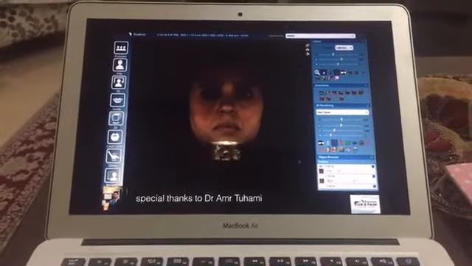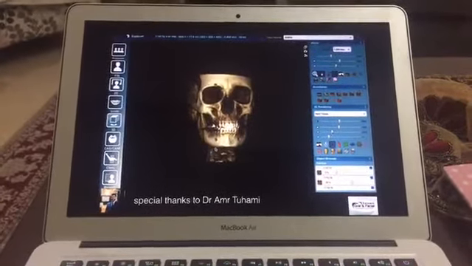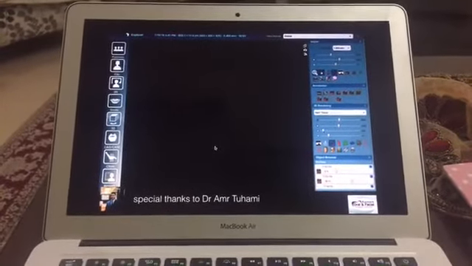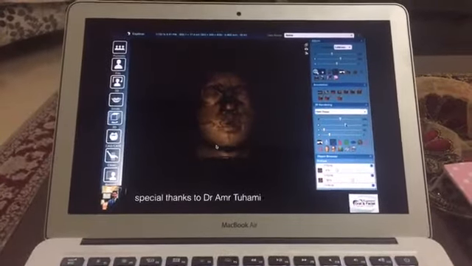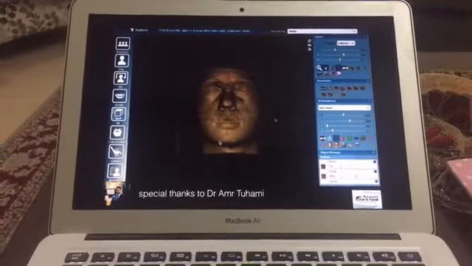Now he is putting this Prophase on the cone beam CT scan. He checks the soft tissue from the cone beam to see the place and the attachment for the muscles here.